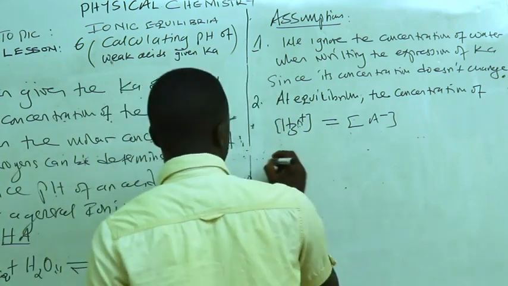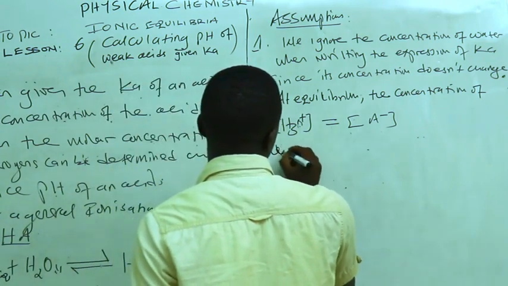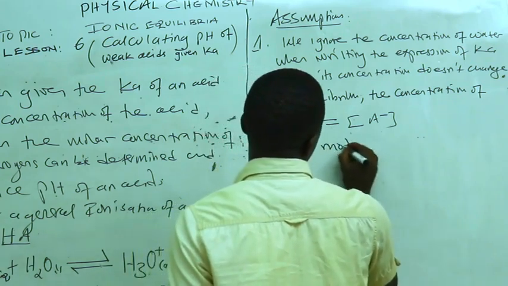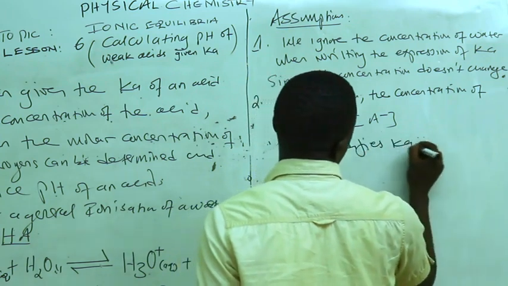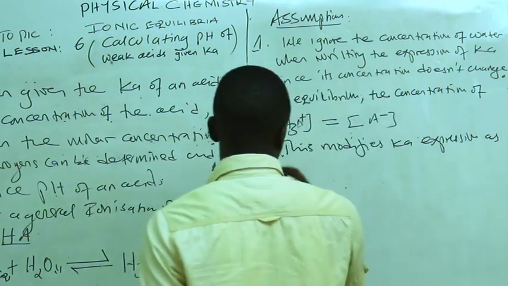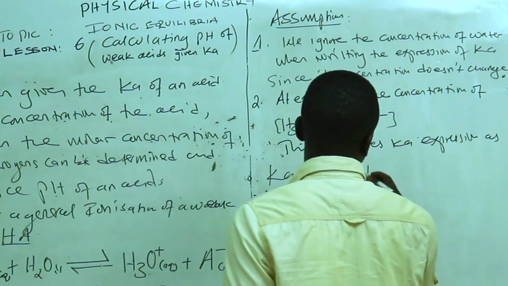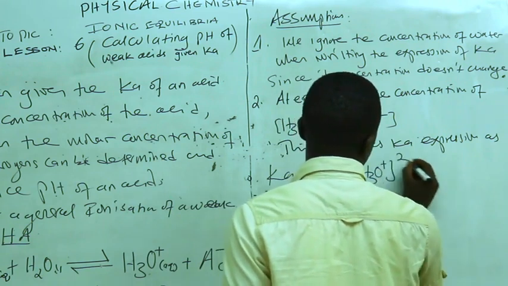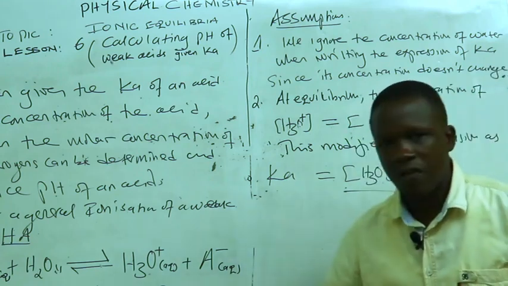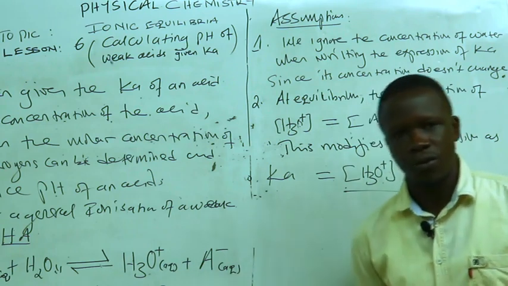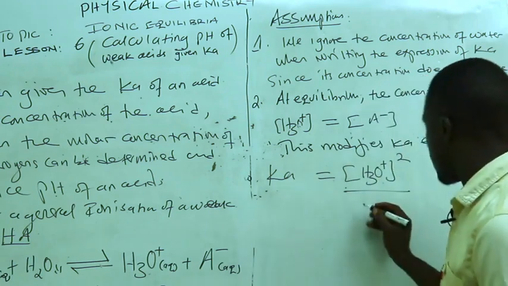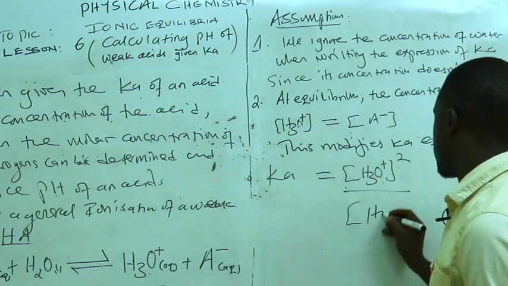So this modifies the Ka expression as Ka is equal to the concentration of the hydroxonium ions squared, because now there are two. Even the position of A minus is taken by hydroxonium ions since they are equal, over the concentration of HA.